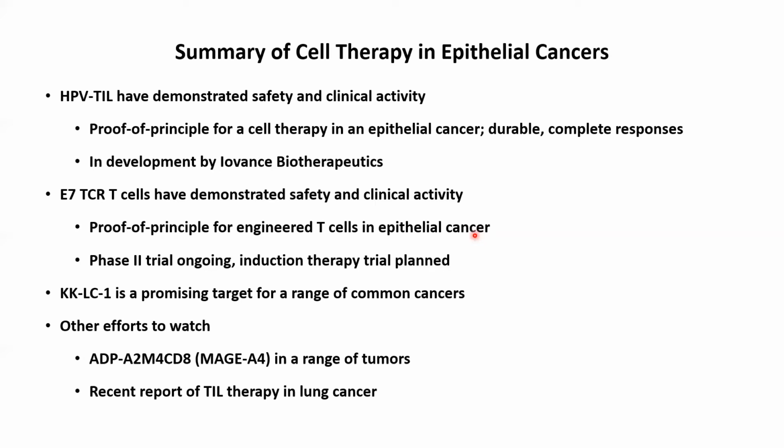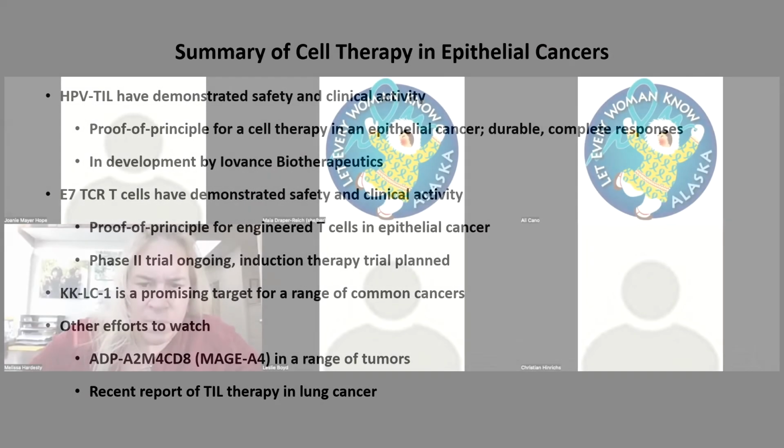These include approaches to target the MAGE-A4 antigen in a range of different types of tumors, and a recent report of TIL therapy in lung cancer, where TIL plus PD-1 was given after progression on PD-1 alone, and interesting results were observed. With that, I'll conclude, and thank you for your kind attention.